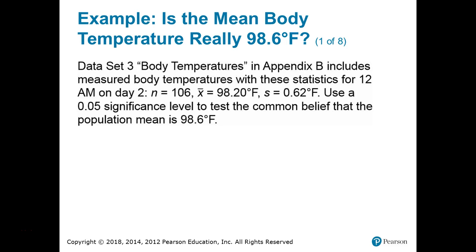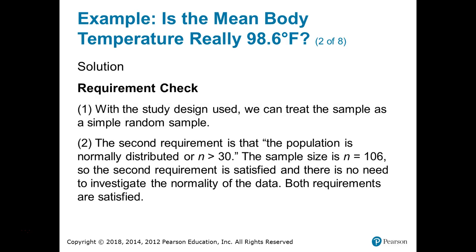The important thing is that n equaled 106. Your sample mean was 98.2, and your standard deviation was 0.62. So use a 0.05 significance level to test the common belief that the population mean is 98.6.